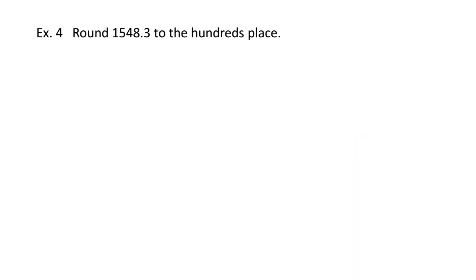Okay, so this one's a little hard too. This one's kind of difficult too. We're going to round 1,548 to the hundreds place. Well, this is the ones place, this is the tens place, and this is the hundreds place. So I'm going to rewrite the number down, 1,548.3, and I'm just going to go to here. So this tells me whether to round up or down.